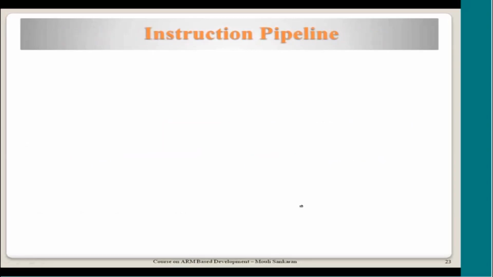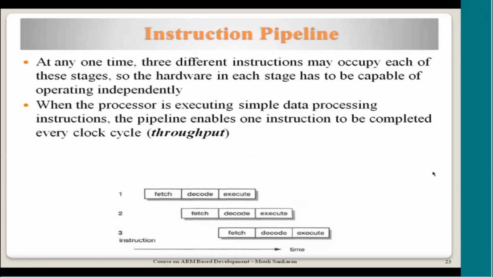Now just to make it easy for you to understand, at each stage 3 different instructions will be in the different stages. Okay, not the same. Once one instruction has flown through the pipeline completely, there will be one instruction here, and the next instruction which was there in the memory will be in this decode logic, and the instruction next to that will be in the fetch logic.